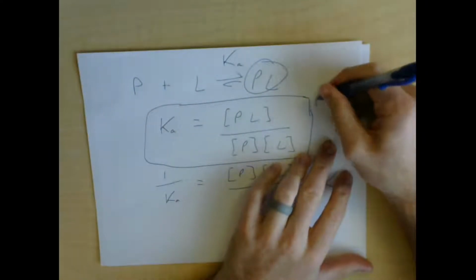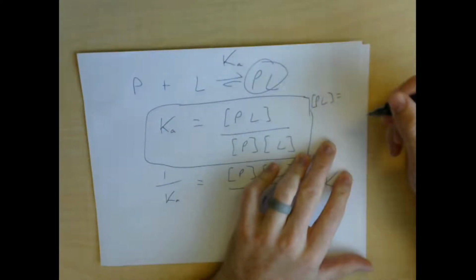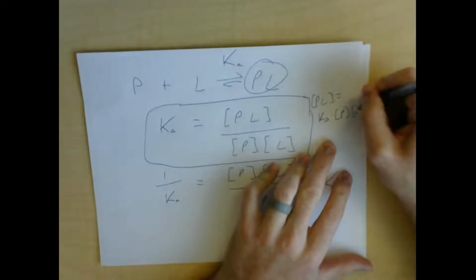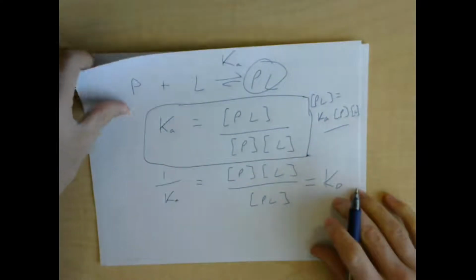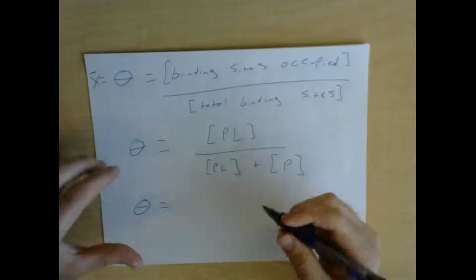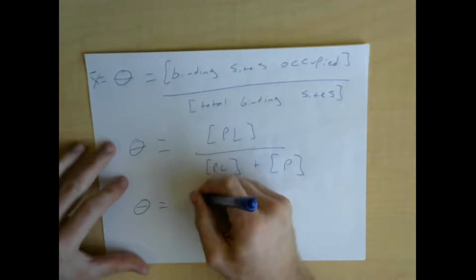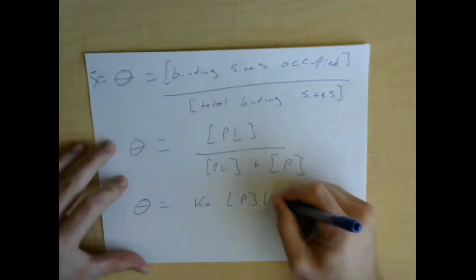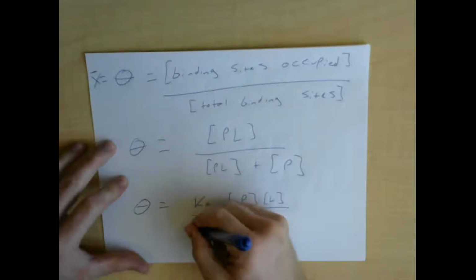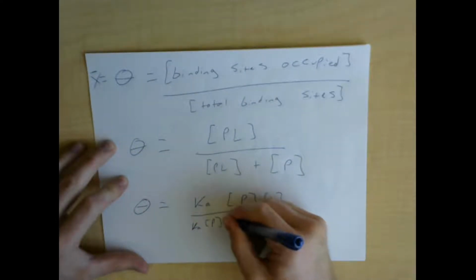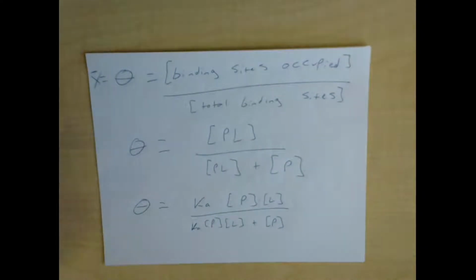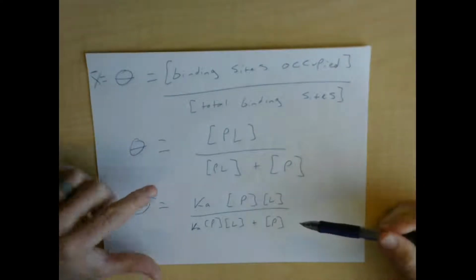Then the concentration of PL equals Ka times P times L. Now theta equals Ka times P times L over Ka times P times L plus P. So now I have this thing.